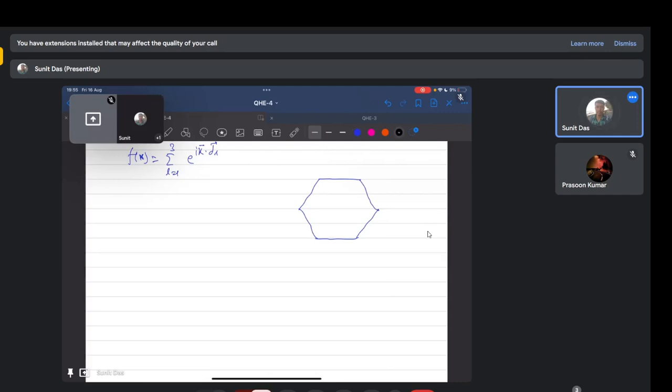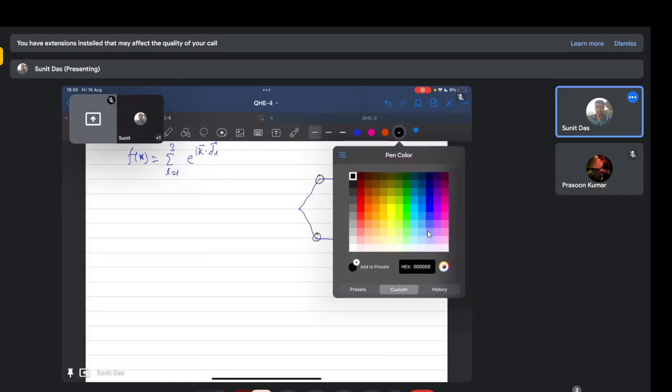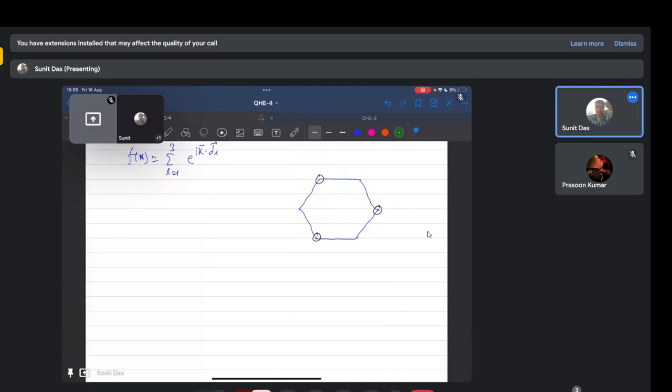So these are my, let's say, B type of atoms, and these are my A type of atoms. Similarly, there will be other atoms.